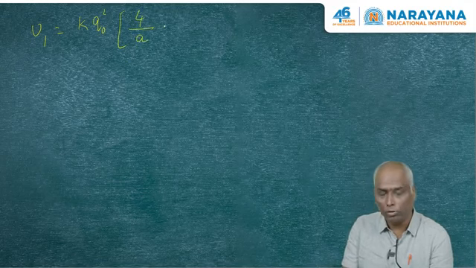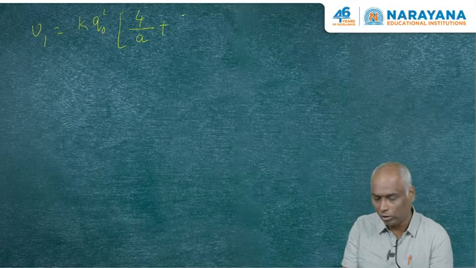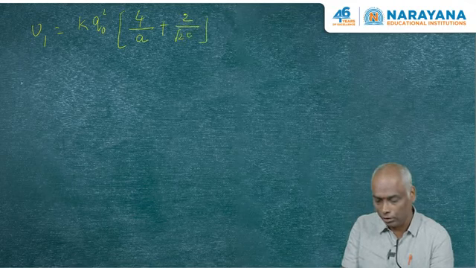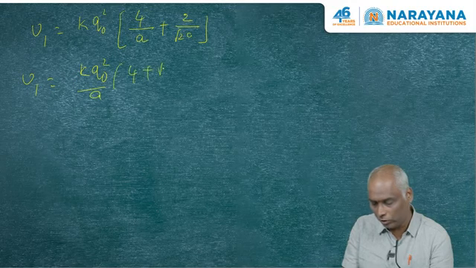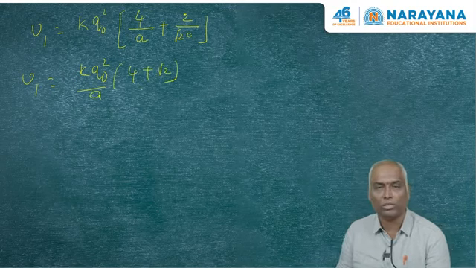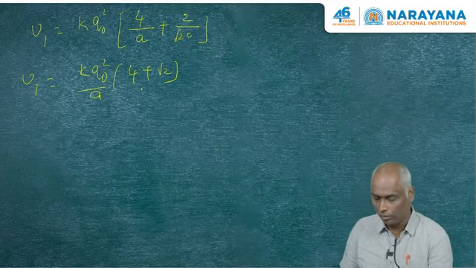Similarly, there are going to be two interactions, two pairs, due to the charges lying at the corners of a diagonal. So plus 2 times divided by the distance, which is going to be root 2 a. So from this equation we are going to get u1 is equal to k q naught square, whole divided by a, into 4 plus root 2. This is the interaction energy associated with the first configuration.